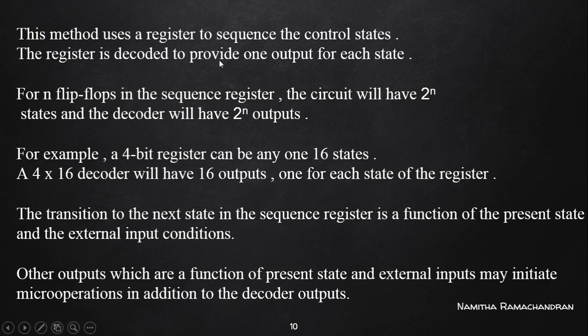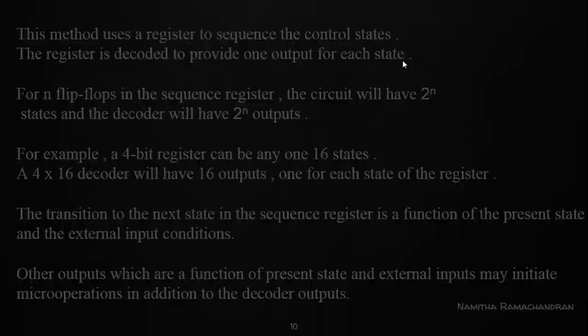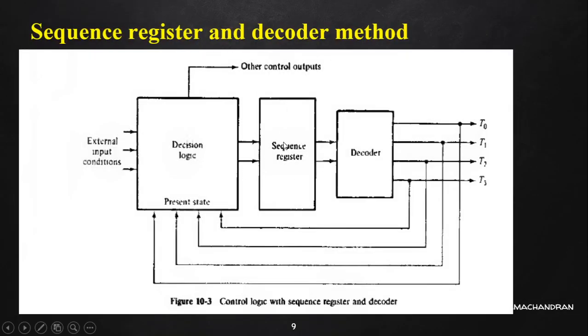The register is decoded to provide one output for each state. So the current value available in the sequence register decides what state is to be active now. So this decoder output decides among n different states. The current value of this sequence register decides which state becomes active now among the different states.